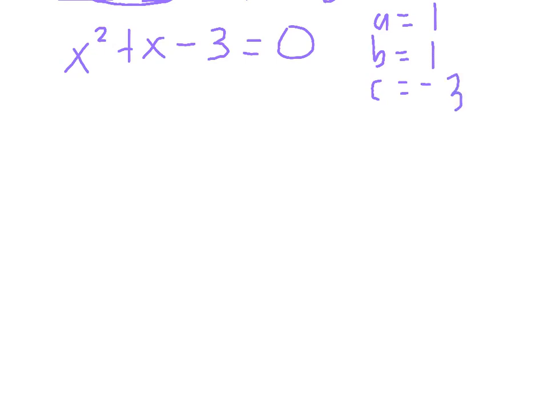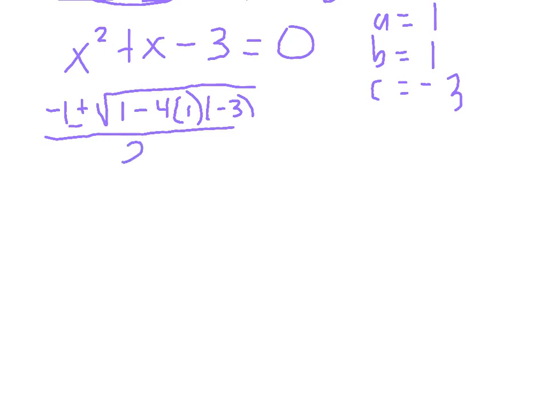Applying the quadratic formula, the opposite of b, plus and minus square root, b squared minus 4 times a times c all over 2 times a. Starting to clean them up.